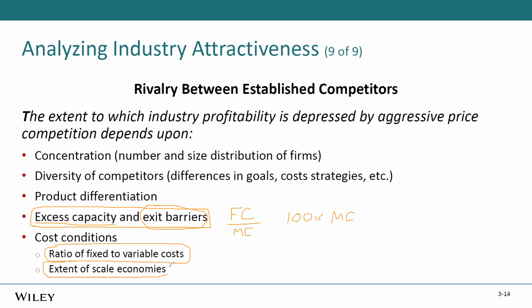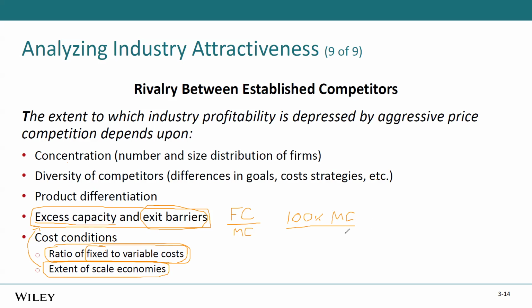Scale economies relates to this as well. If we need to be producing at a certain level in order to be profitable, well, we've probably invested a lot. Scale economies come from fixed asset investment by definition, right? If we have 100% marginal costs, there are no economies of scale because our cost is the same for each additional unit.